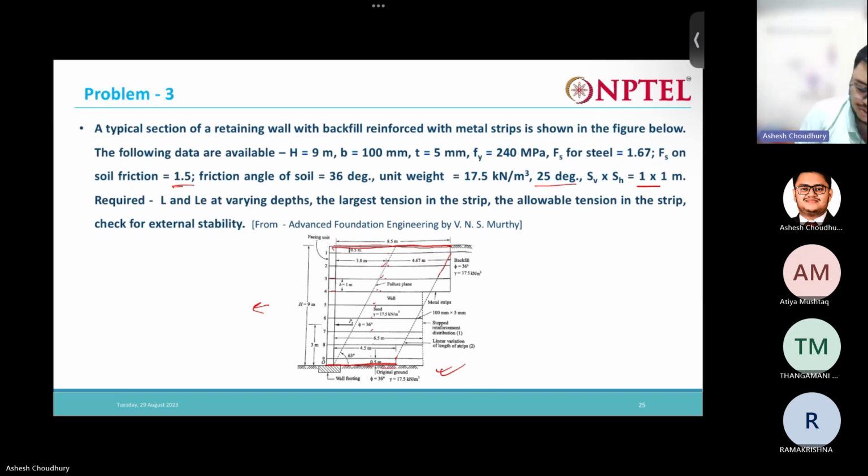Minimum it has to come up to 4.14 meter. But what they are doing is that minimum they are providing 4.5 meter, and they are choosing the foundation also such that it is up to 4.5 meter. So this is completely up to your choice.